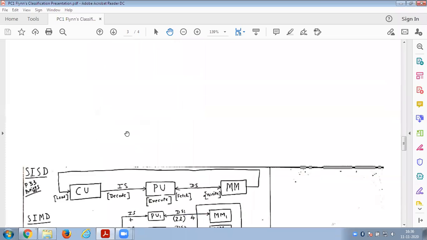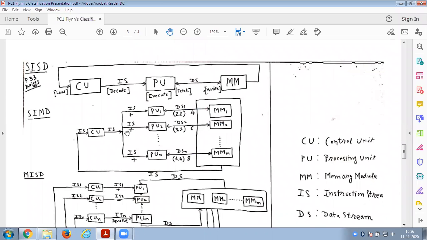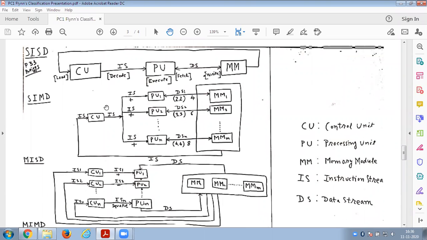Now let us come to the actual diagram of the architecture of SISD, SIMD, MISD, and MIMD. This is taken from the book of BICS, page 33. CPU can be divided into three parts: control unit, processing unit, and memory module. You know that control unit, ALU (arithmetic logic unit), and memory unit are the three parts of CPU.